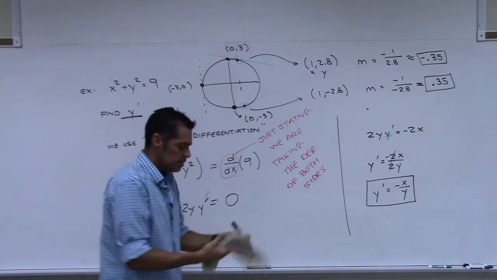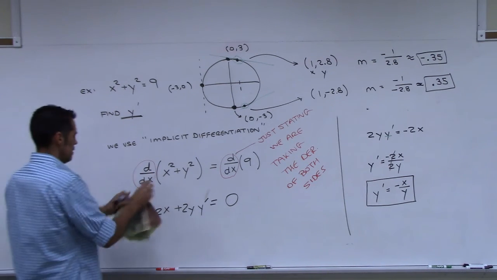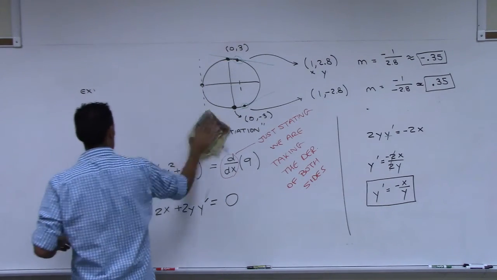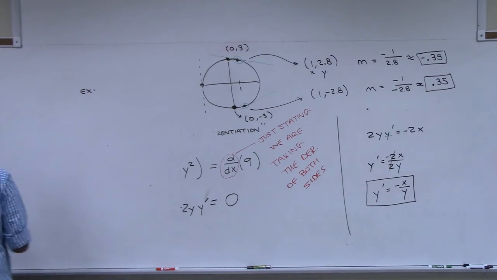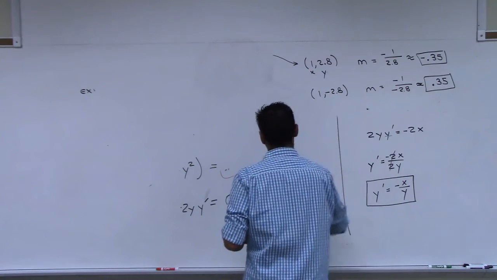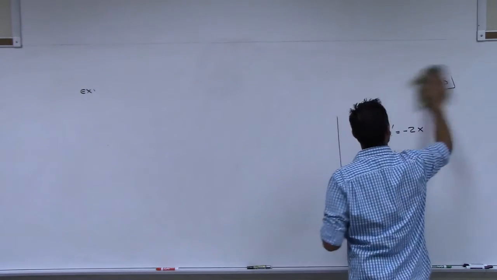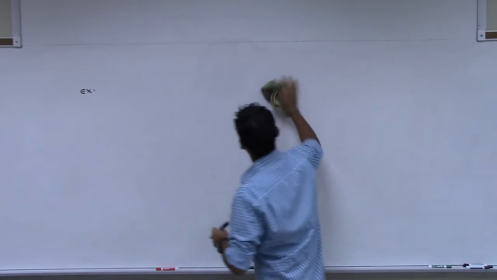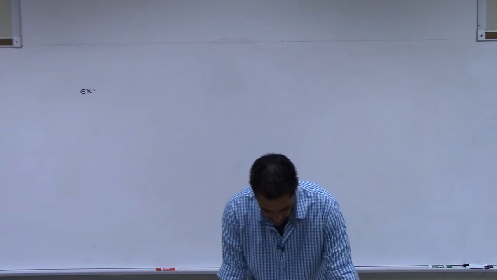All right, let's try a different equation, and let's go through the same process and just see how this derivative thing can get a little bit messy. Okay, here we go.